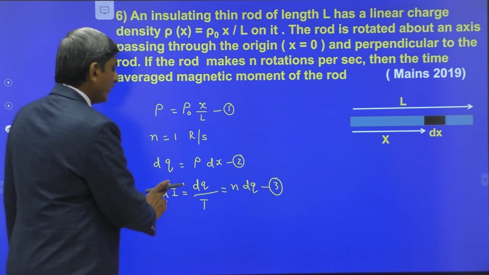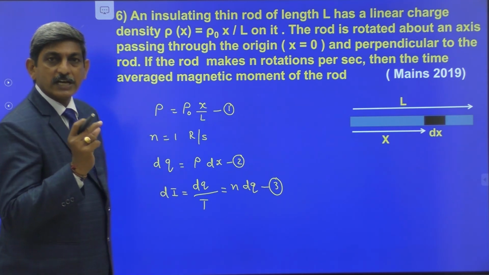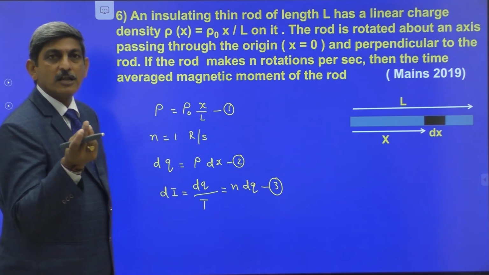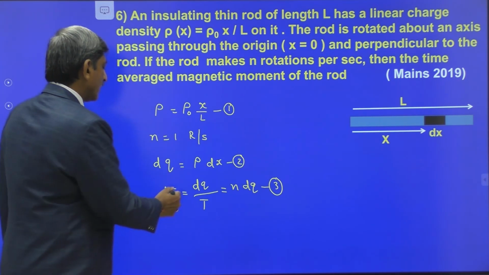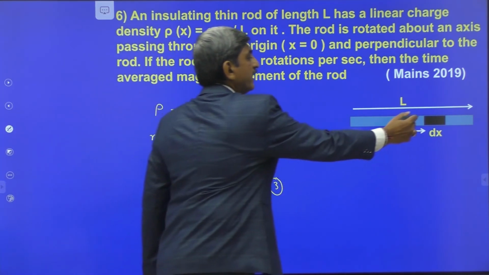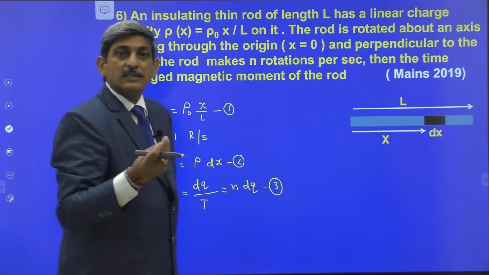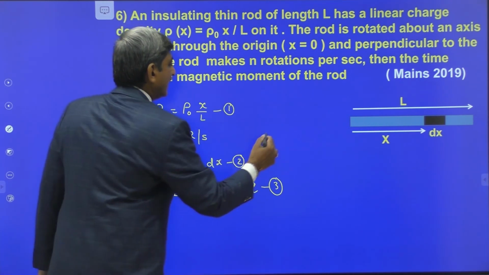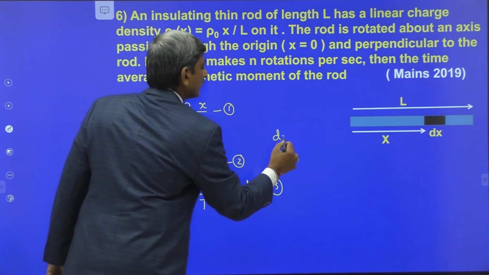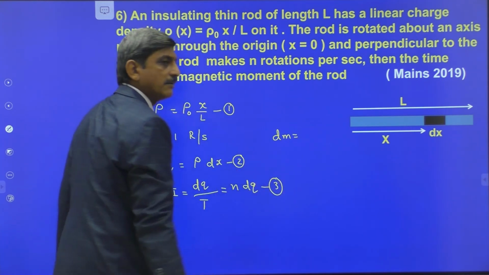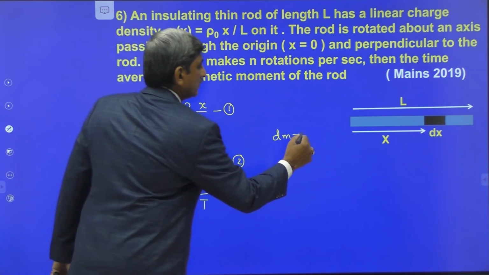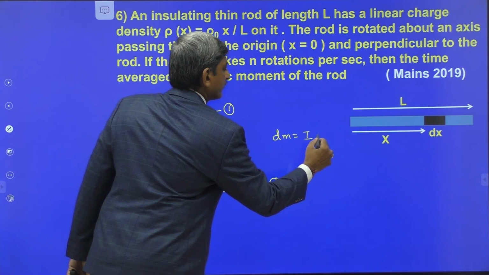Now, we know the small current constituted by the small element assumed by us. Due to this element, the dipole moment is given by dm = IA.